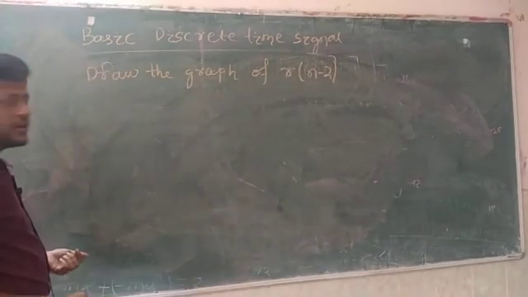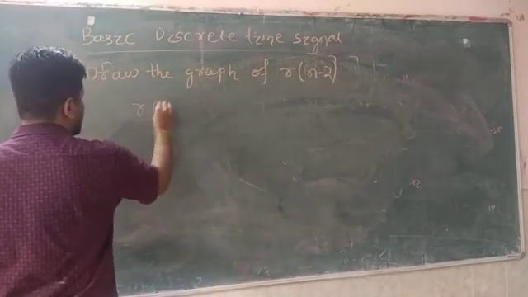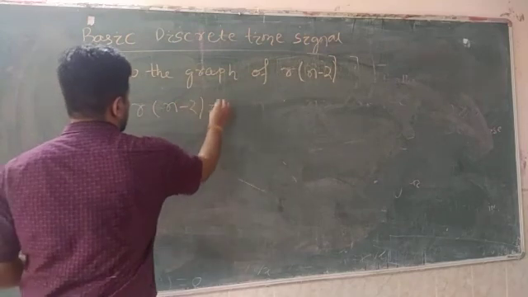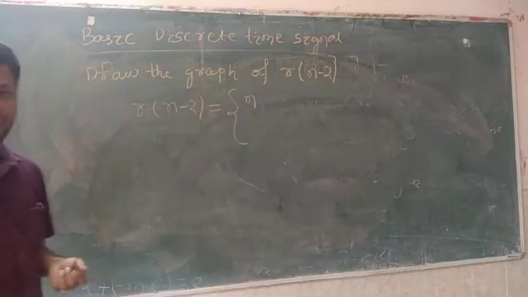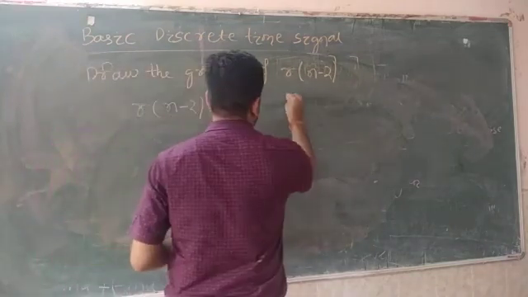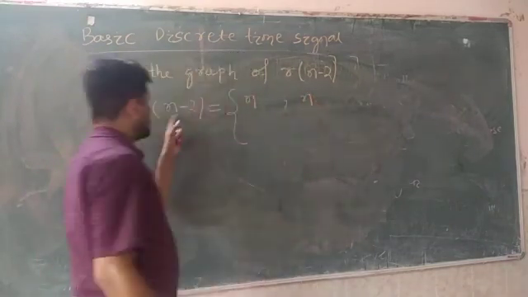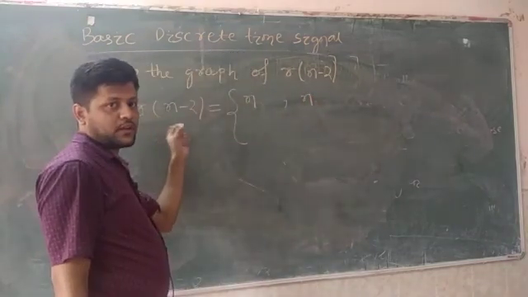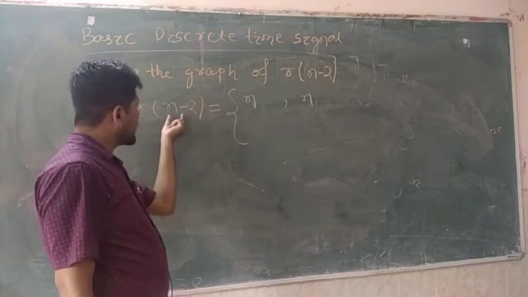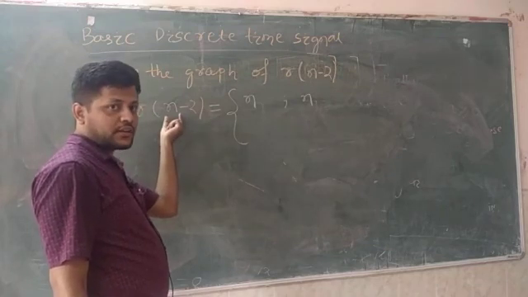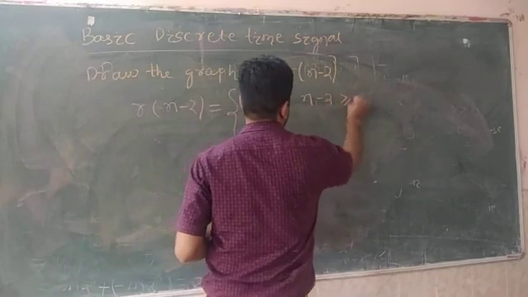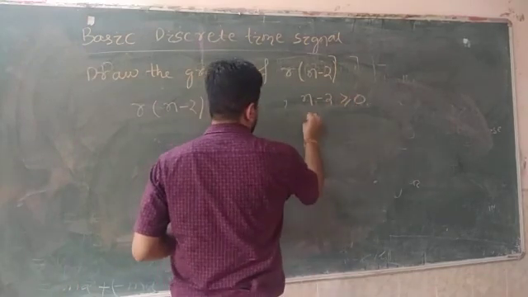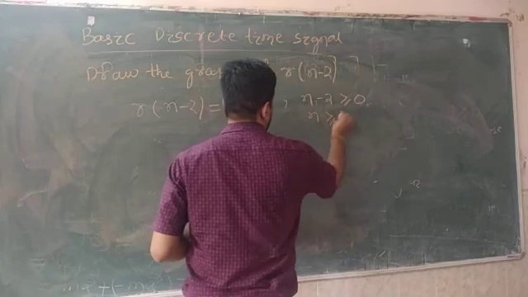The moment you see r of n minus 2, first of all you have to write r of n minus 2 equal to n only when the bracket, where in the basic signal we studied n greater than or equal to 0, so what is present inside the bracket, that is n minus 2, must be greater than or equal to 0. That means n is greater than or equal to 2.